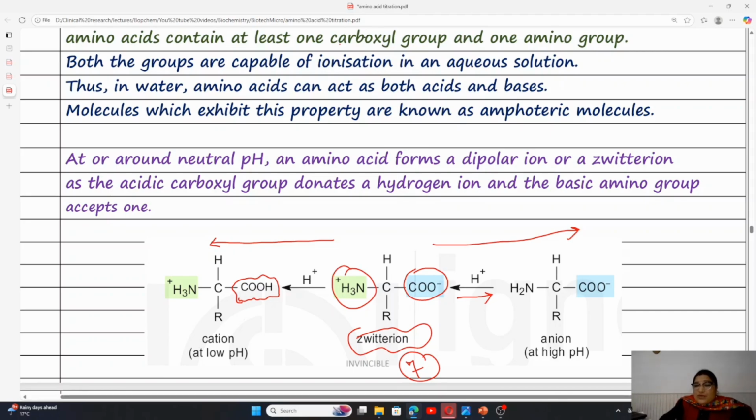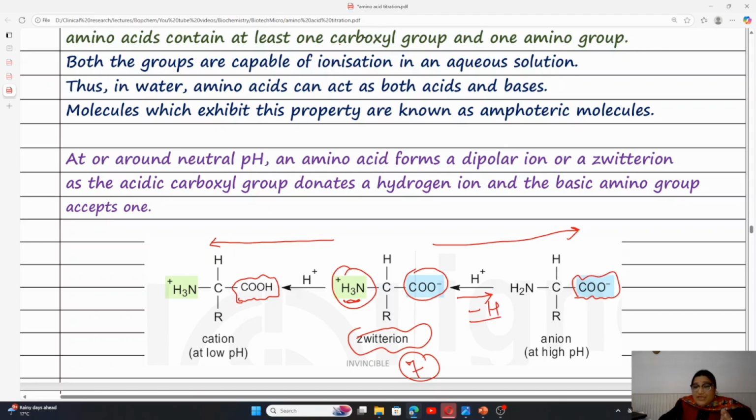So when you increase the pH, in the system there is decreased hydrogen ion concentration. When there is decreased hydrogen ion concentration, from this NH3 positive, one H will be removed, minus H. So it becomes an anion. Here you can see it is negatively charged.